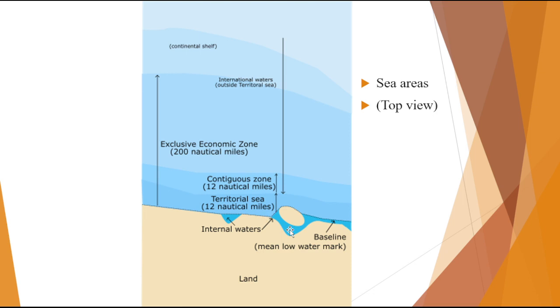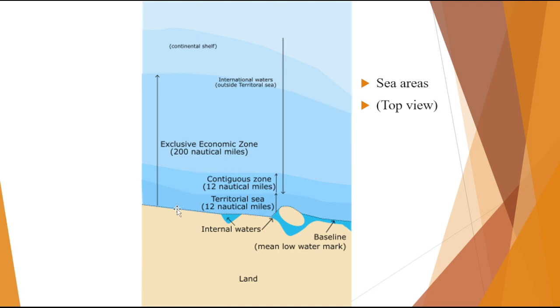We will understand later what internal waters are, what a baseline is, and how it is drawn. But if one imaginary line is drawn, from this line to 12 nautical miles is the territorial sea. Beyond 12, from this line to that line is the contiguous zone, and the contiguous zone encompasses the territorial sea as well, although it's now a gray area.